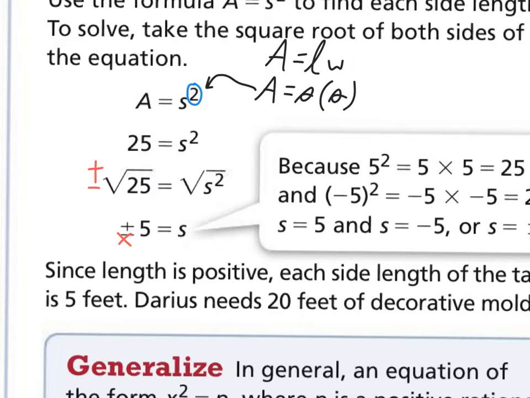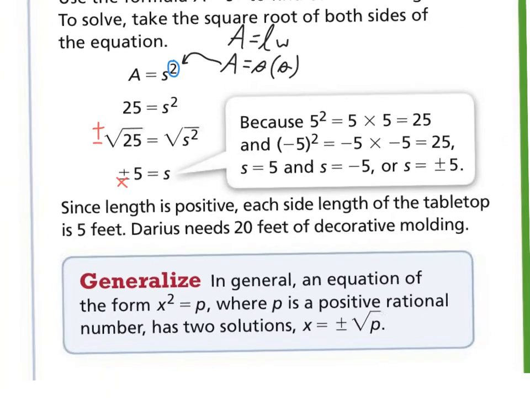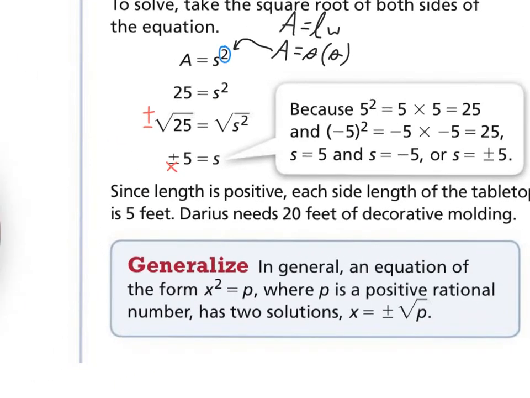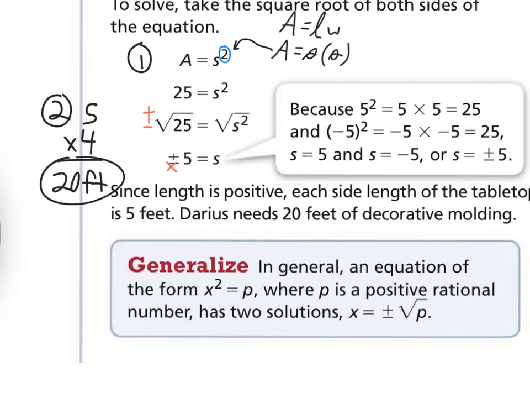So that's telling us that our side length is 5, so that's 5 feet. And then after we do that, the book didn't really show much work of how they finished this off, but if one side is 5, multiply that by 4, then they would need 20 feet altogether of decorative molding.